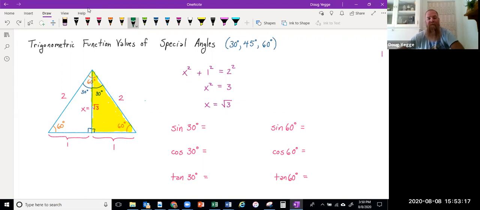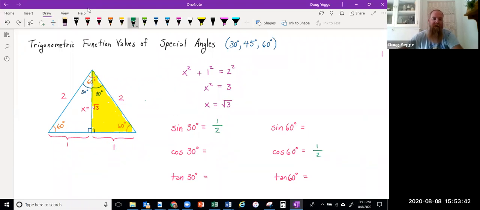But notice sine of 30 is the opposite side over the hypotenuse. But keep in mind, by the cofunction identities, that should be the same thing as cosine of 60 degrees. And we can verify that that's true. Look at 60. Cosine is the adjacent over hypotenuse. So sure enough, it's the same exact value.